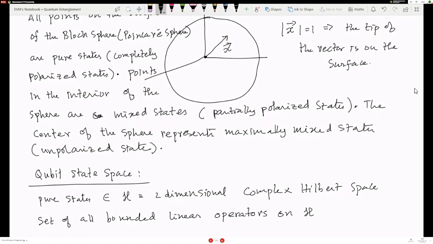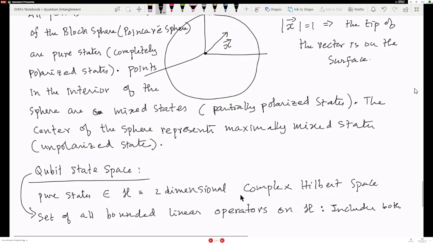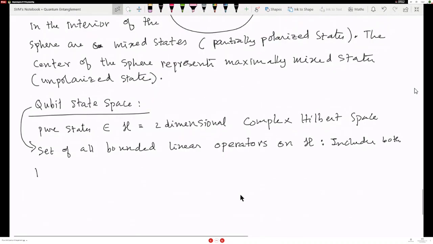That means the set of all bounded linear operators on H will become the state space of the qubit. So this includes both pure and mixed states.